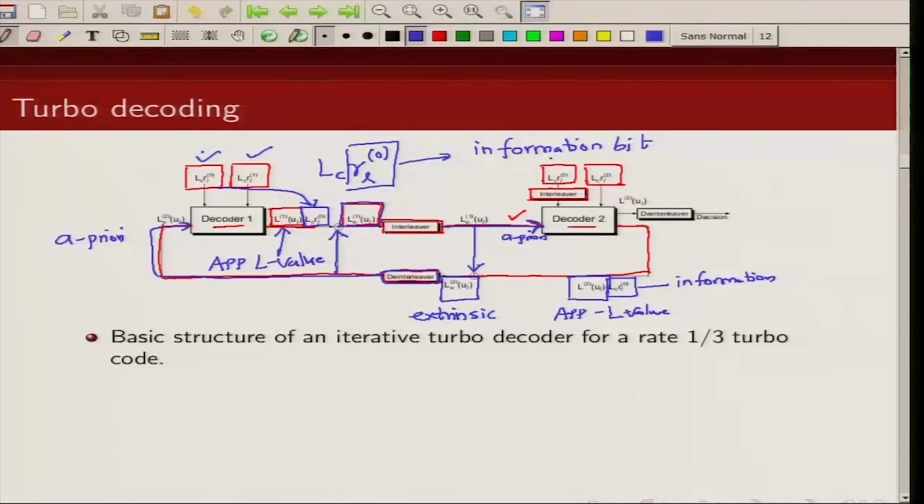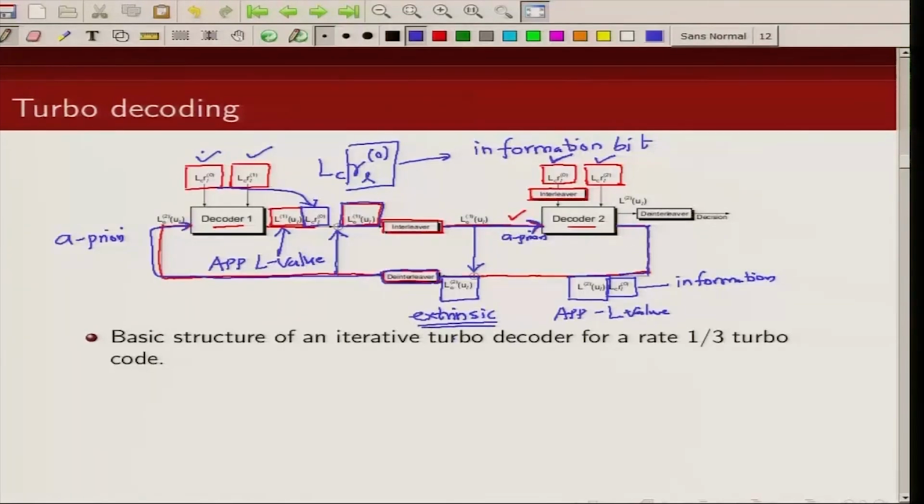In addition, decoder 2 has this received parity bit, which is this one, and an interleaved version of the information sequence as input. So, it will again compute the APP L value and it will subtract the contribution of the information bit and the a priori value, and then we will get back extrinsic information.